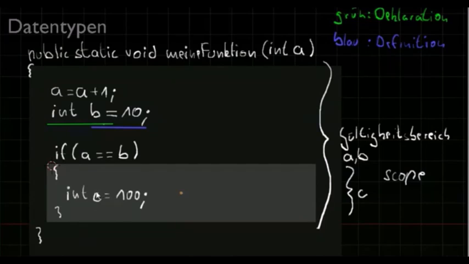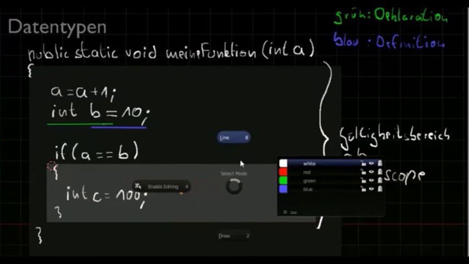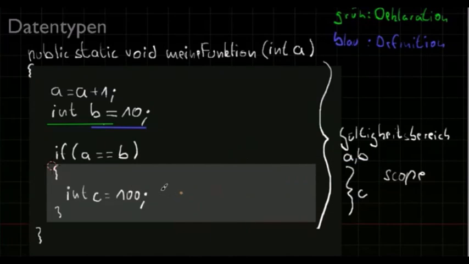And in this case, the variable must not be declared inside of the body, but has to be declared earlier, like for example B. I could use B easily in here by saying B equals C. And down here, outside of the if command, I still can address B and write anything in here, because B is valid as long as the body of the function is not closed.